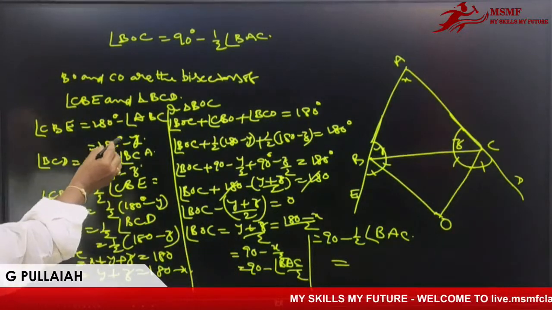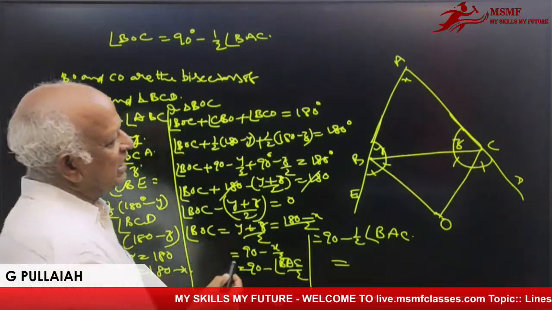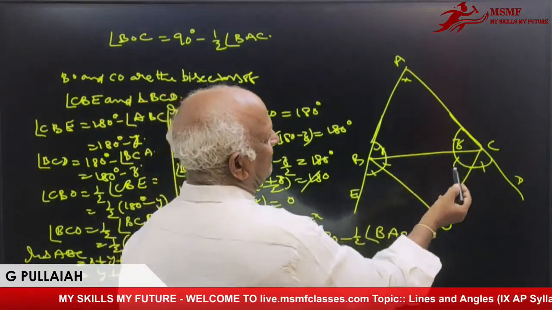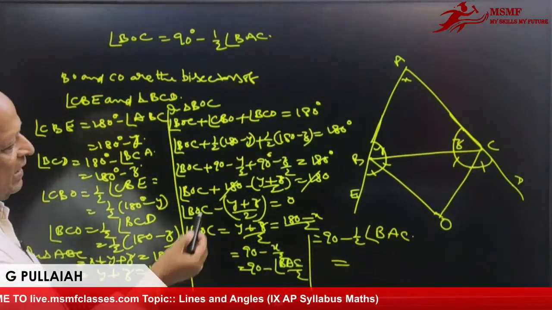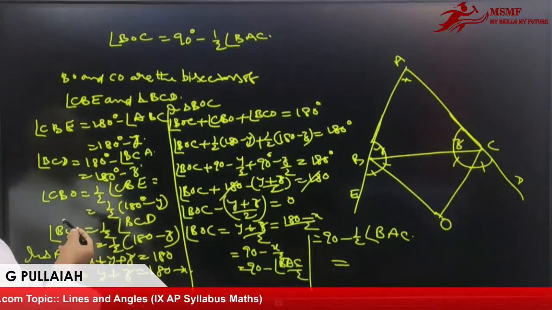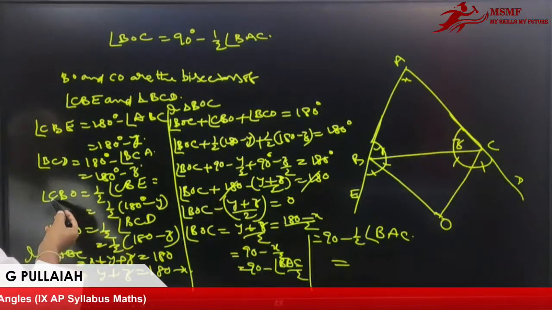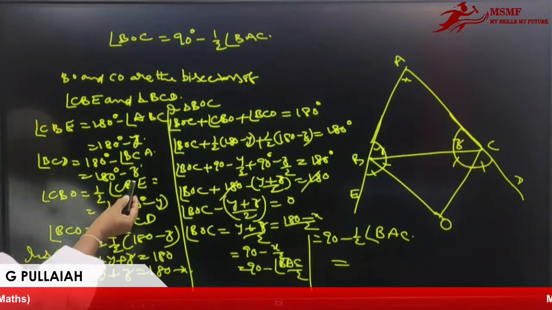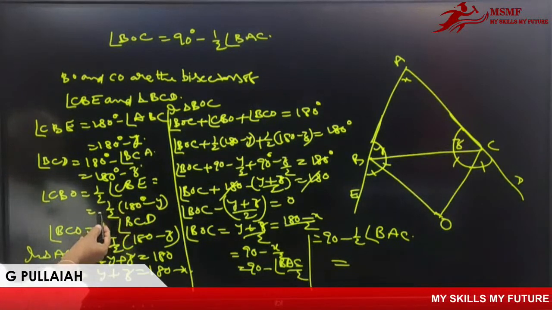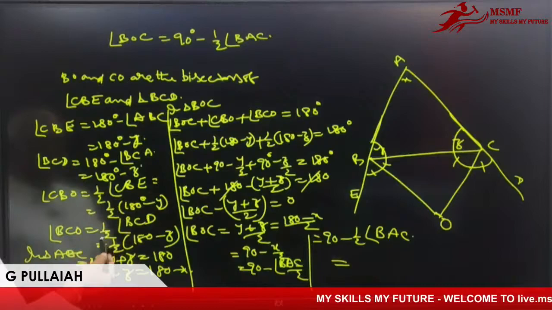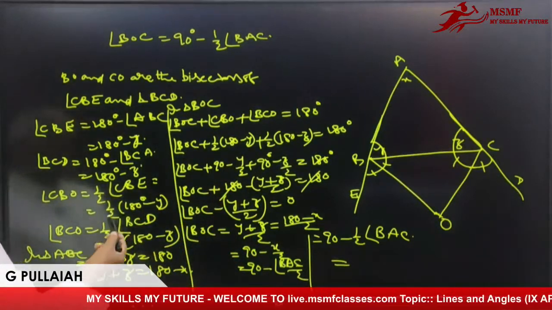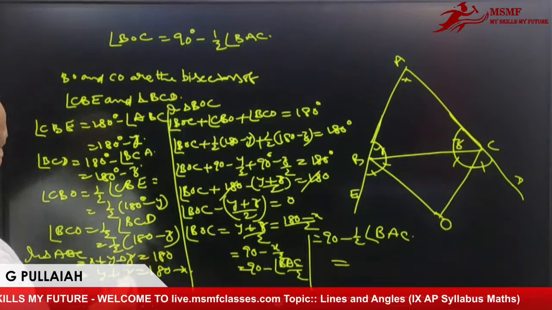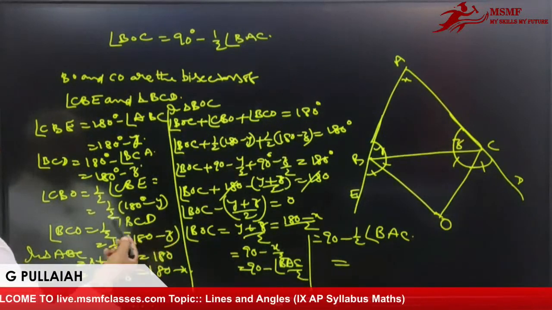Similarly, angle BCD is 180 minus z. Because BO is the bisector, angle CBO is half of angle CBE, that is half of 180 minus y. Similarly, angle BCO is half of angle BCD, that is half of 180 minus z.